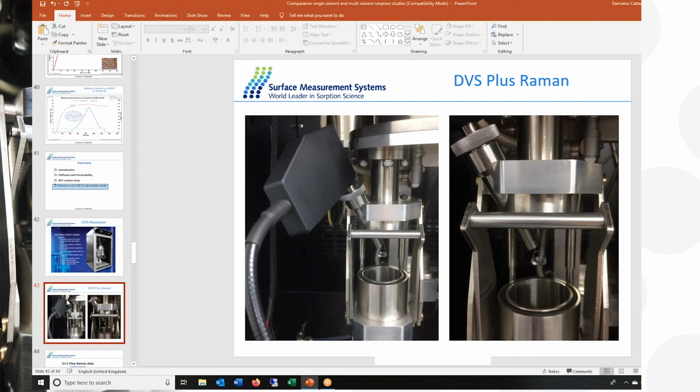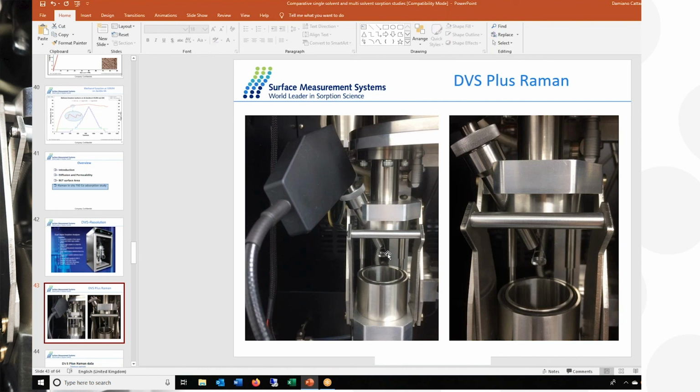Gian asks, can other Raman probes be used, like from Kaiser or Tornado? Potentially. The main factor we are interested in is the size of the probe, because the size and shape of the probe will determine how close you can get to the sample itself. If you have an existing Raman, you can discuss with us and we can see if we can fit the Raman in a position that allows it to align with the sample pan itself.